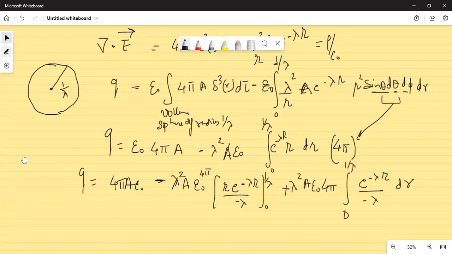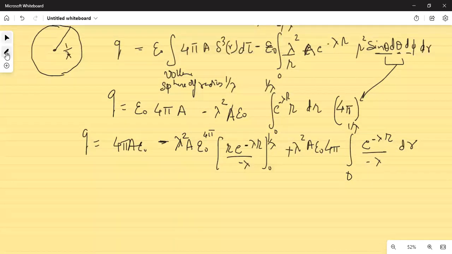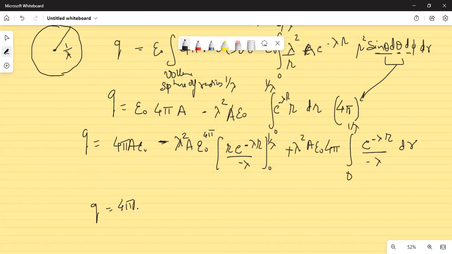And if I do it all over again, q is equal to 4 pi a epsilon naught minus 4 pi lambda square a epsilon naught, and there is a negative, and again a negative, so overall this will become positive, and upon lambda will come.